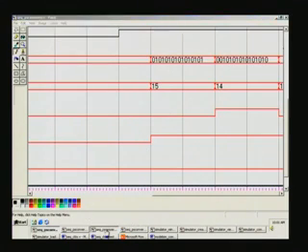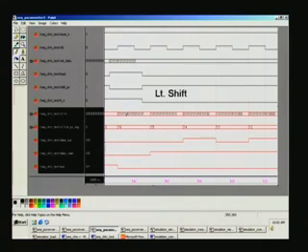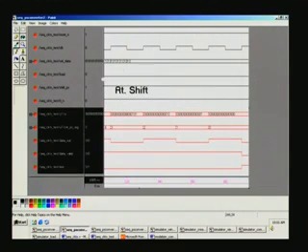The second one, which we did not have last time, is this, and this is towards the end of the right shift. I will zoom that here.